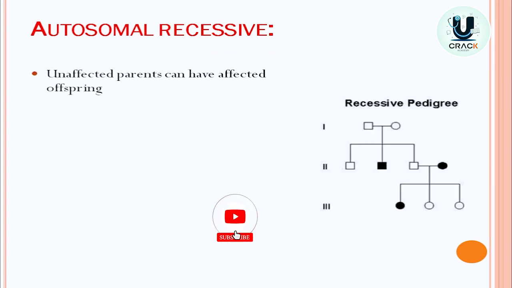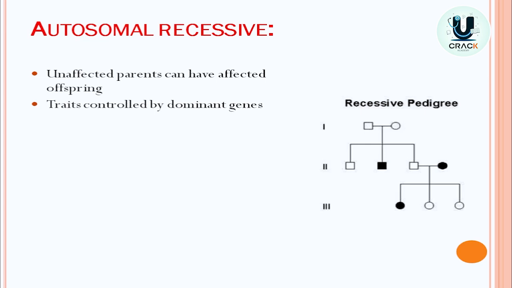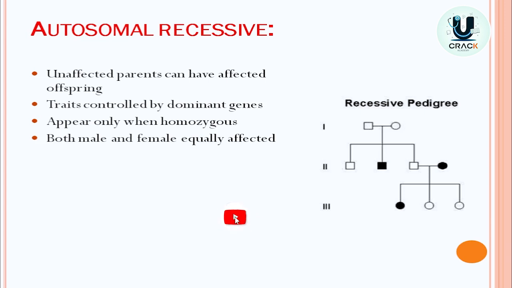This continues with the autosomal recessive pedigree, which also affects offspring. The trait is recessive, and affected individuals are homozygous. Both male and female are equally affected. Traits may skip generations.